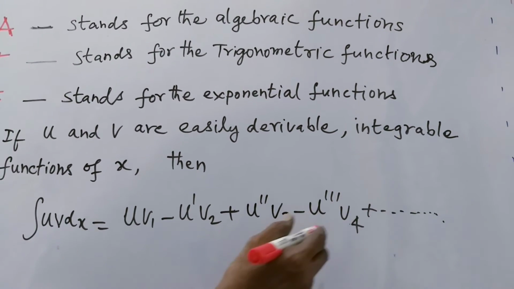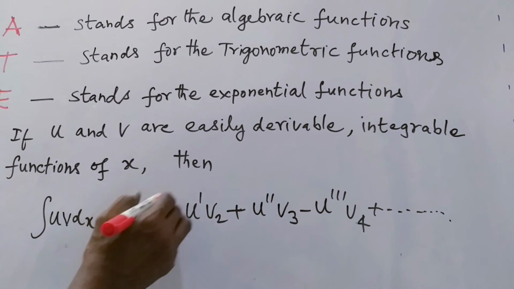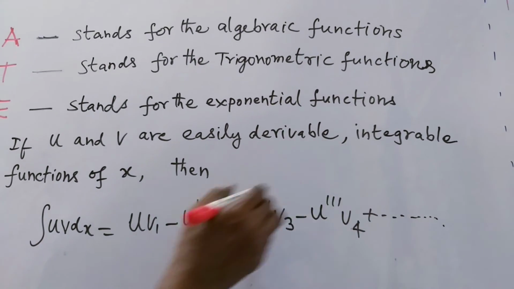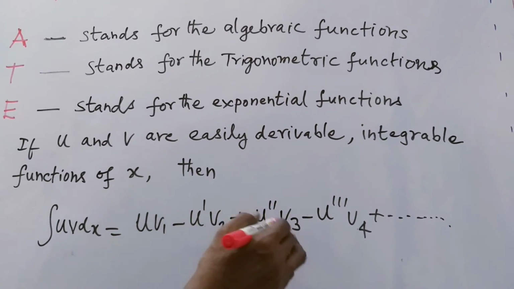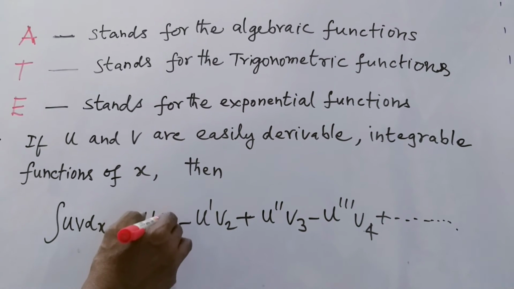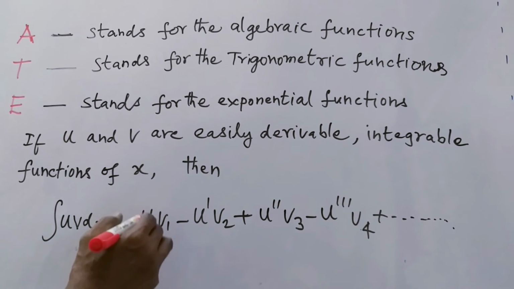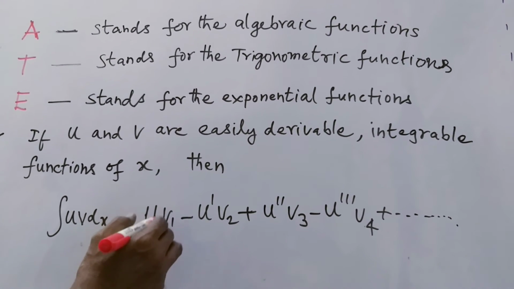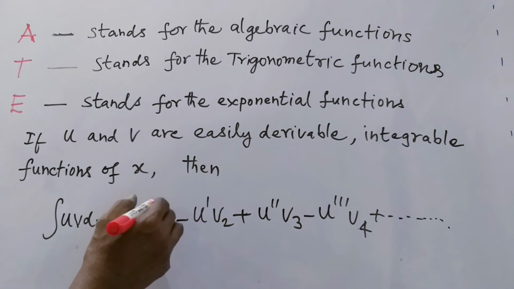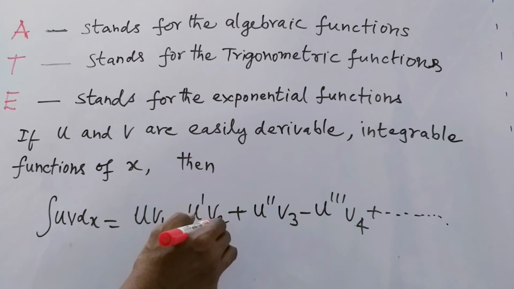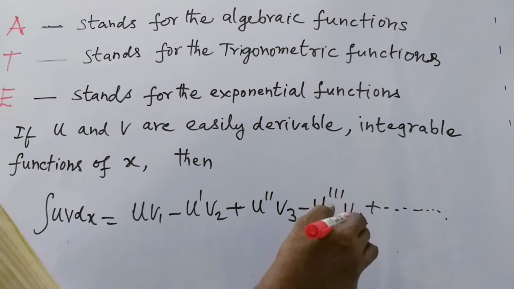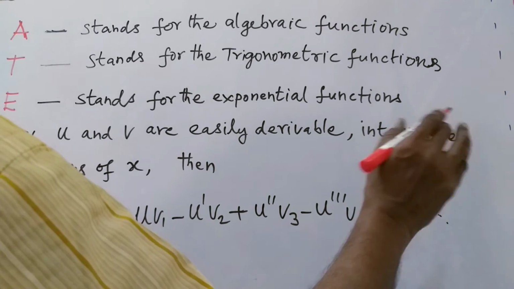That means here u dash, u double dash, u triple dash and so on, and here v1, v2, v3, v4. Here u is the derivable function and v is the integrable function.